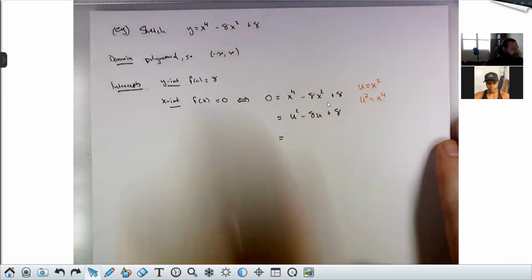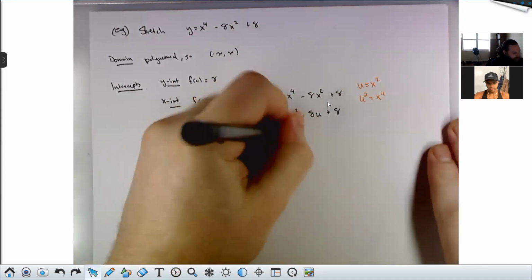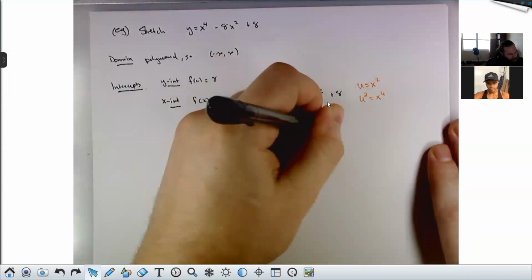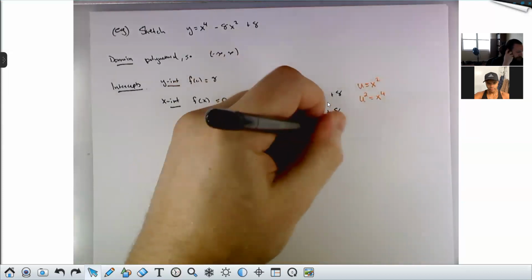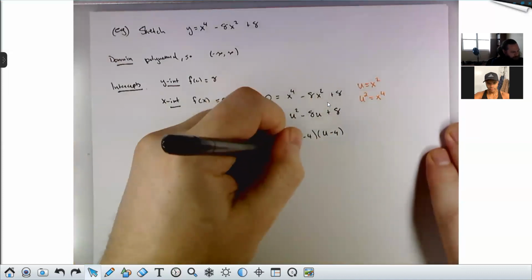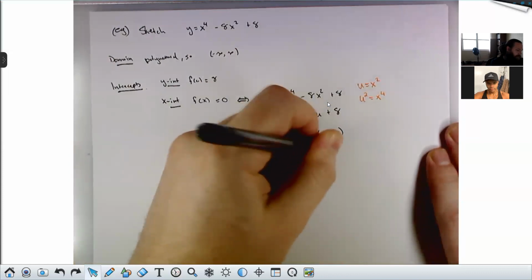And then I can try to factor this. So I need two numbers that sum to negative 8 and multiply to positive 8. That would be u minus 4 times u minus 4. So that's x squared minus 4 times x squared minus 4.